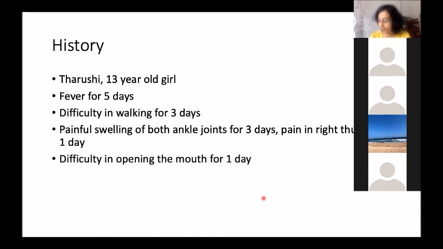Okay, one more. Okay, so for the moment, we have reactive arthritis, polyarticular JIA, and systemic onset JIA.